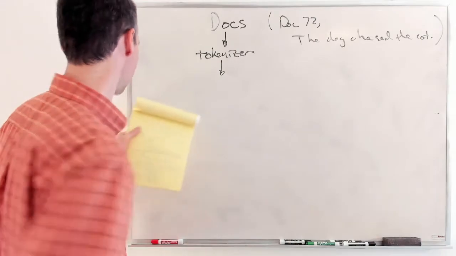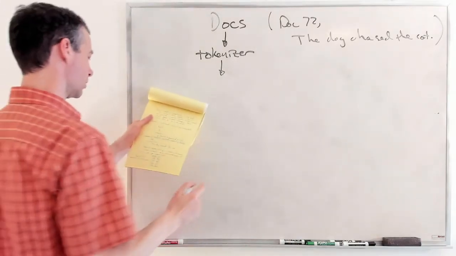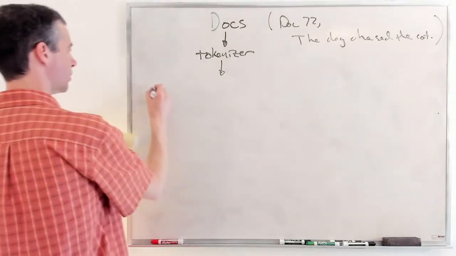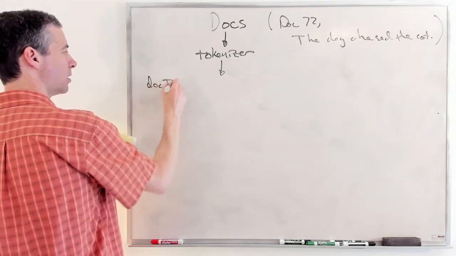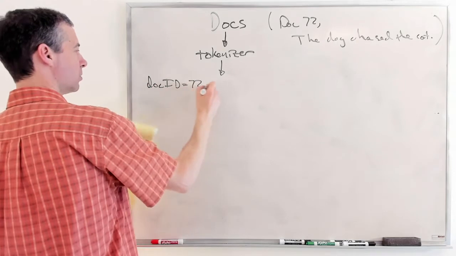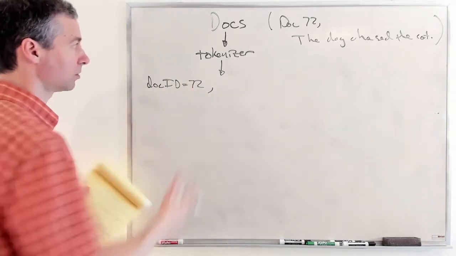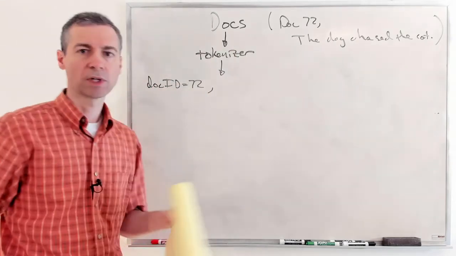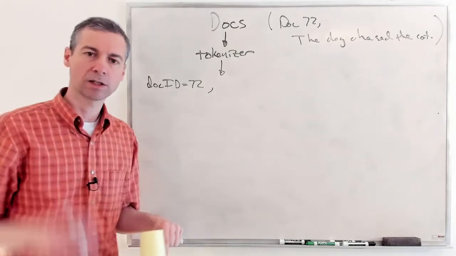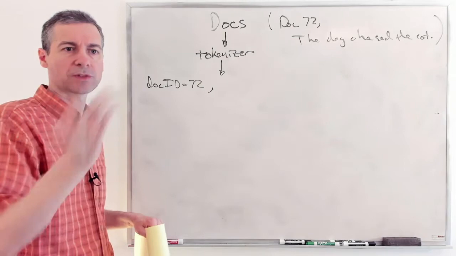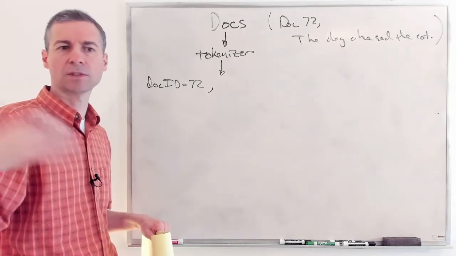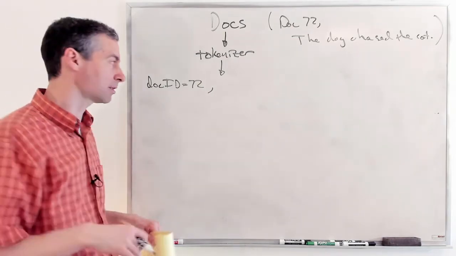All right. It goes into our tokenizer, and out of our tokenizer, it's broken into tokens. And so, we know that we're going to have some doc ID 72, and it's going to look up our tokens in our lexicon and go, all right, yeah, I've seen that string before. Here's its number back. Oh, I haven't seen that. And it's going to make it the next unique ID and send that back.